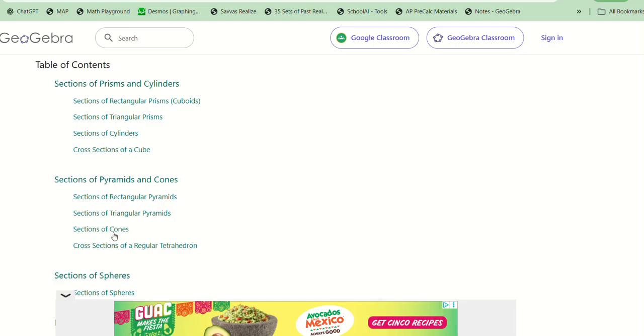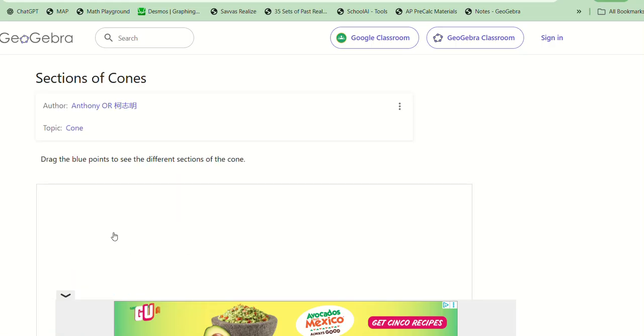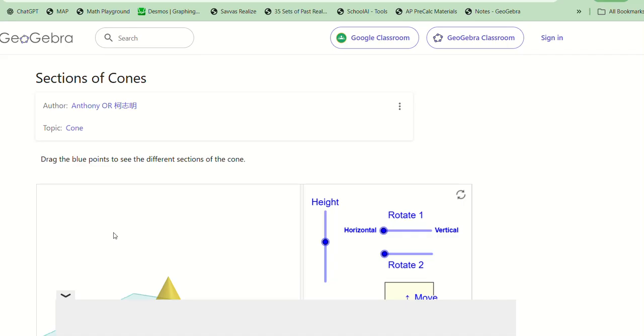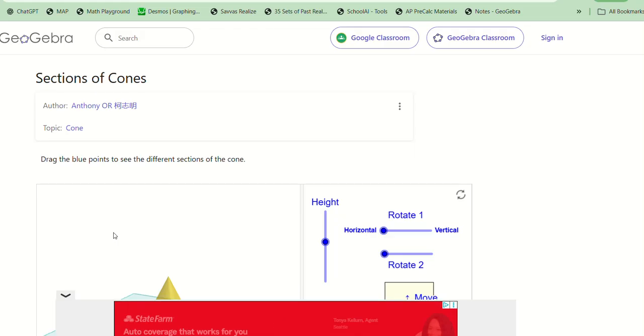Triangle. Yes. If I cut it this way, going down, going out, over here is going to be the triangle. Like so. And that's our triangle inside.